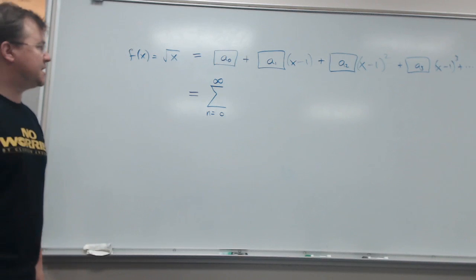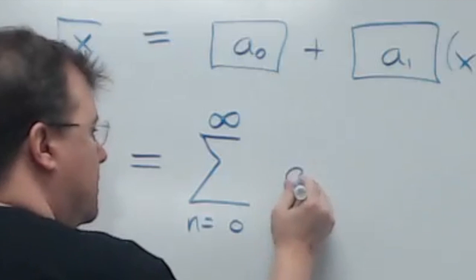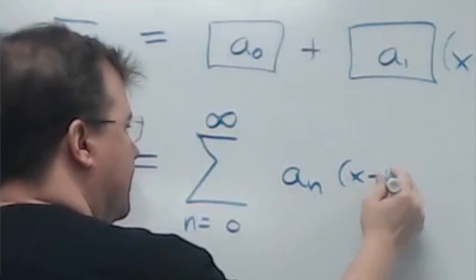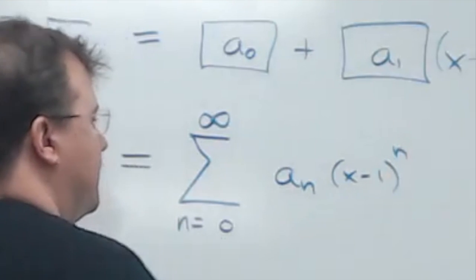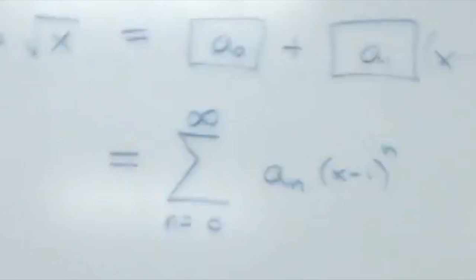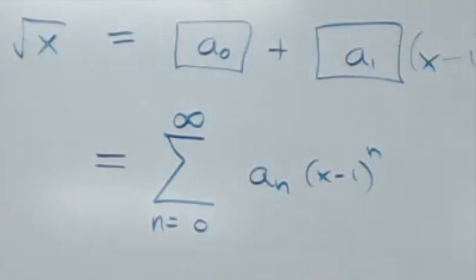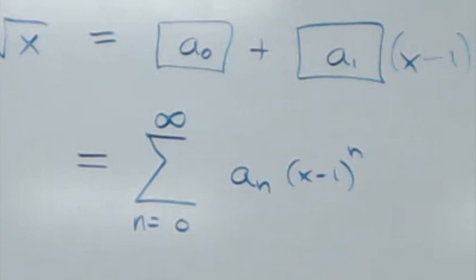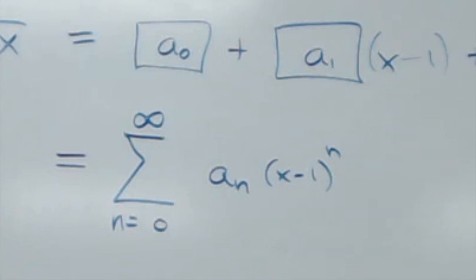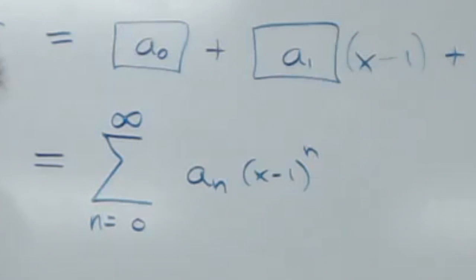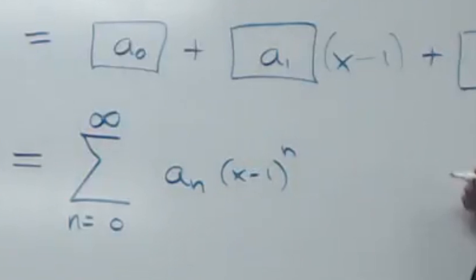In all of these cases, it always falls into the same pattern. I'm going to go ahead and tell you what we're going to discover, and then we'll see why it is.